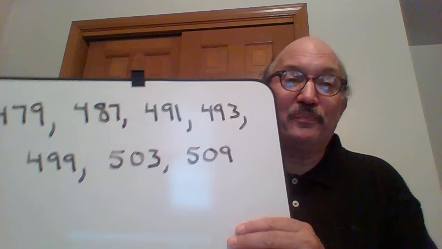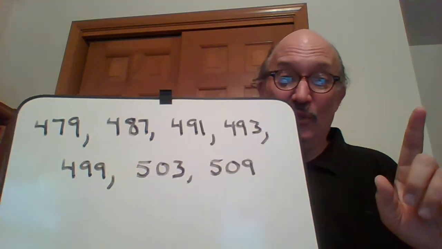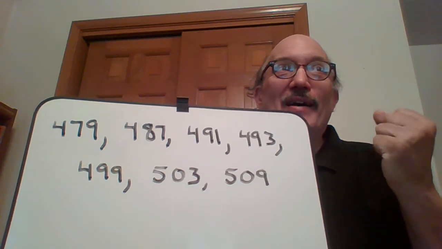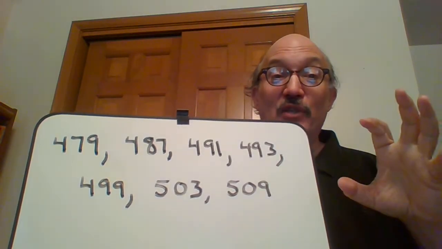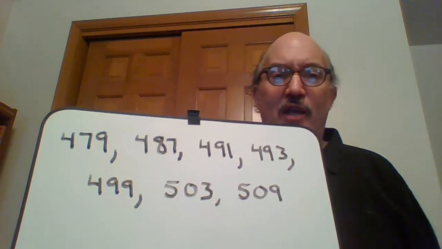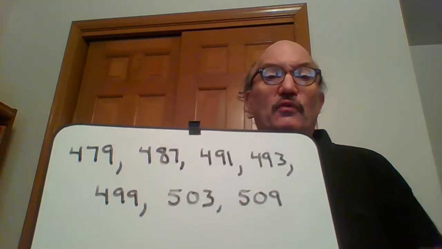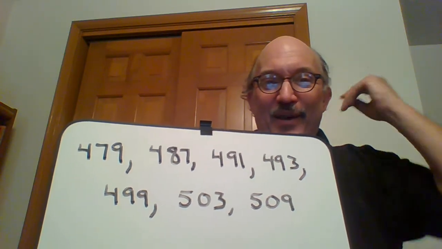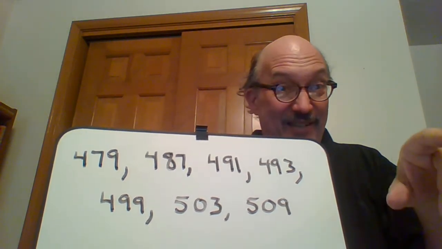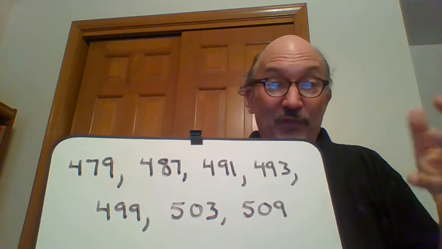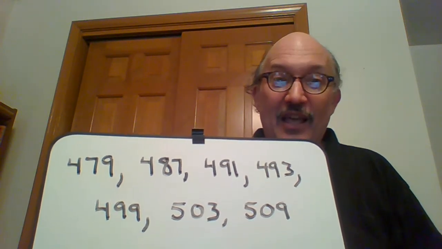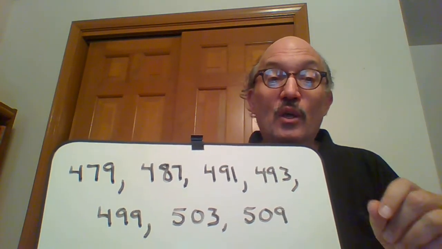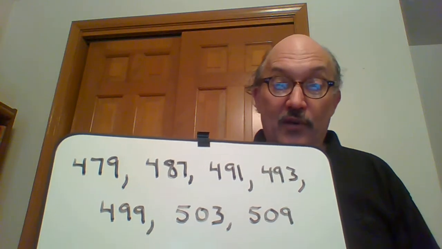I'm going to hopefully convince you that even though in middle school I'm going to be asking you, is this number prime or not, and I'm going to be asking you to find the prime factorization of certain numbers, I'm going to make it easy. I'm going to make it reasonable. The ones that I'm going to give you are easy. It is extremely difficult at times to determine whether a number is prime or not.